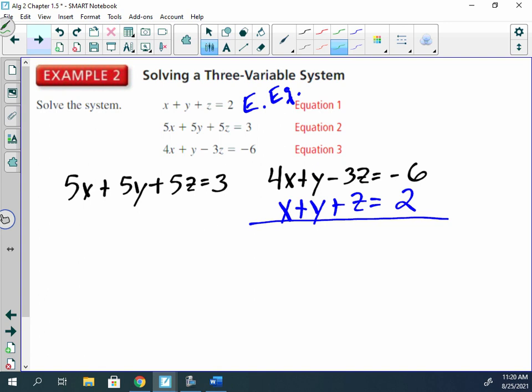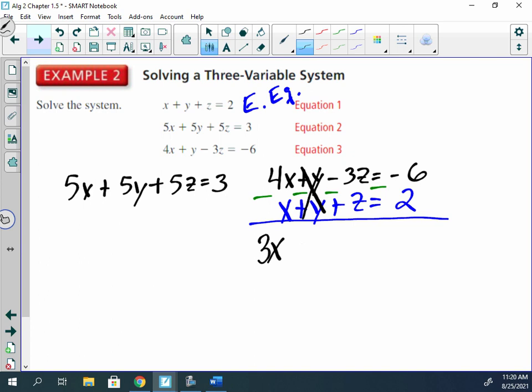Would we need to add or subtract these? Yeah, subtract, because the signs are the same. Because y minus y would give us 0. 4x minus x would be 3x. 4 minus 1 would be 3. 1 minus 1 is 0.